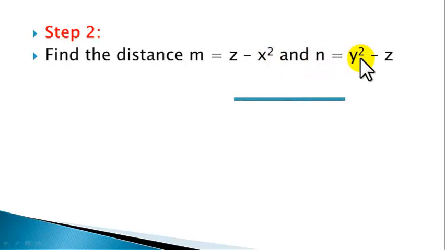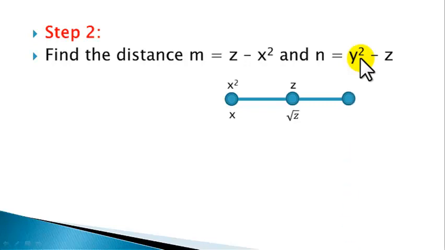Let us demonstrate this on a number line. Let this be the point representing a non-square number z. We want to find the square root. And let this be the point x squared, which is the next square number less than z, and the square root of x squared is x.